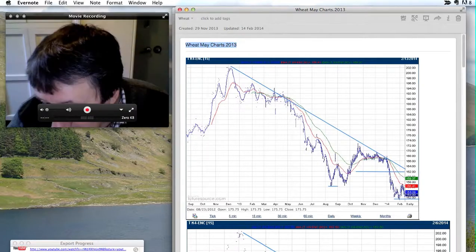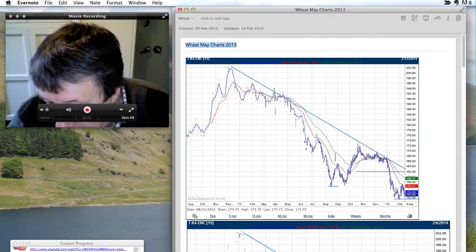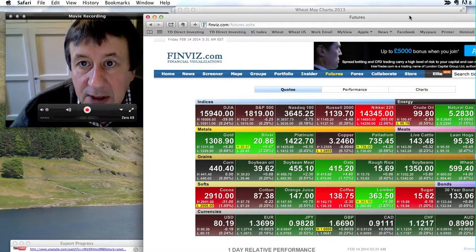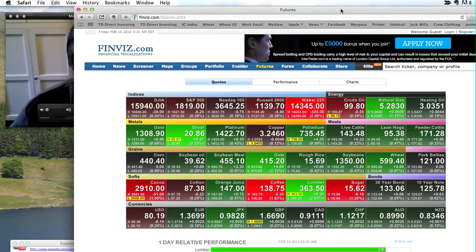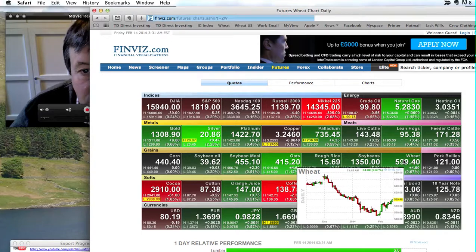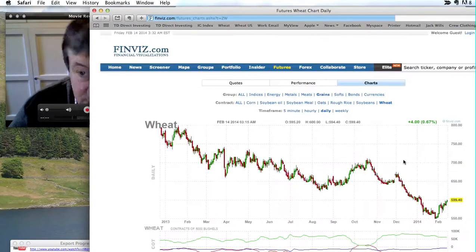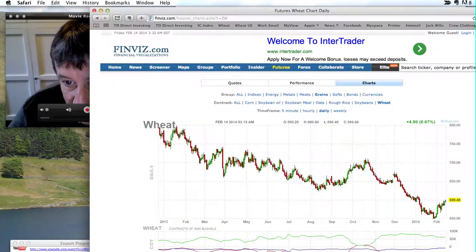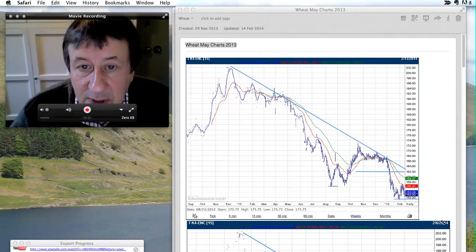But if we switch to the US wheat chart, we've been keeping an eye on that because that's been the driver of this fall, and you can see last night that it is having quite a recovery at the present moment.